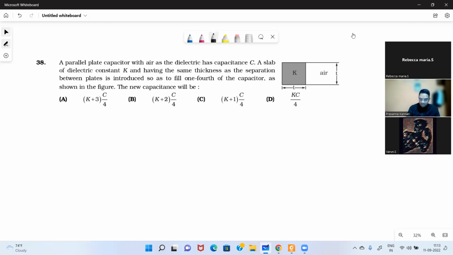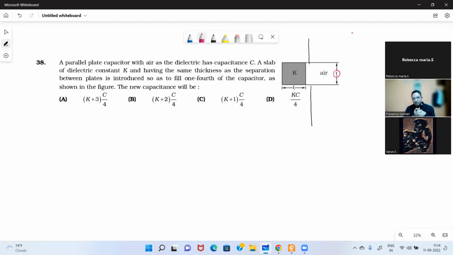Now, if you see, you have a parallel plate capacitor. The distance between the plates of the capacitor is T itself. Now, what is happening is, it is split not in the usual way.